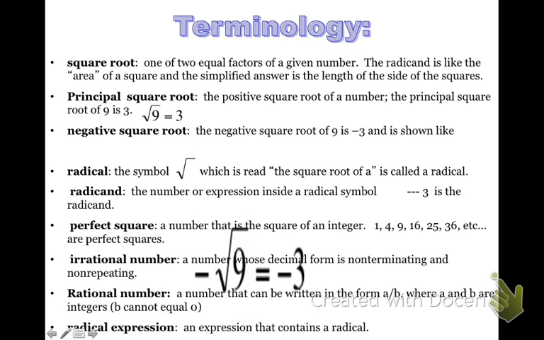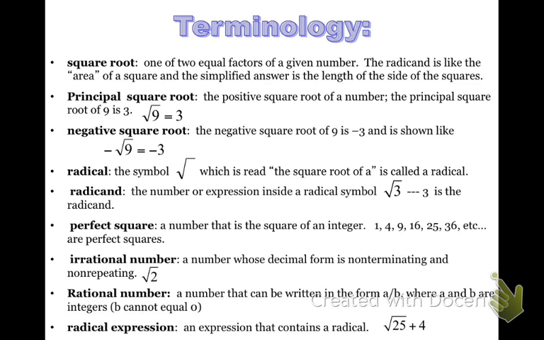Square root, principal square root, negative square root, radical, radicand, perfect square, irrational number, rational numbers, any radical expression. Okay? And you may pause and refer back to this as often as you'd like.